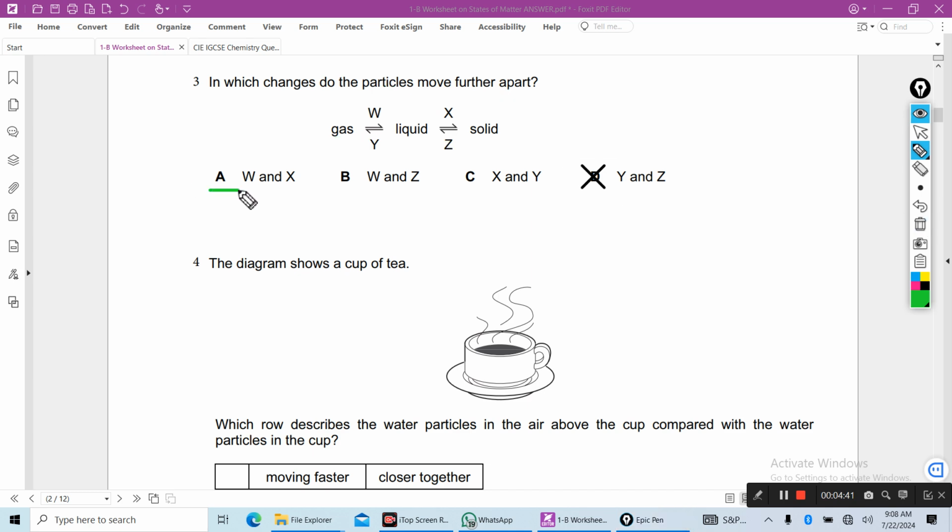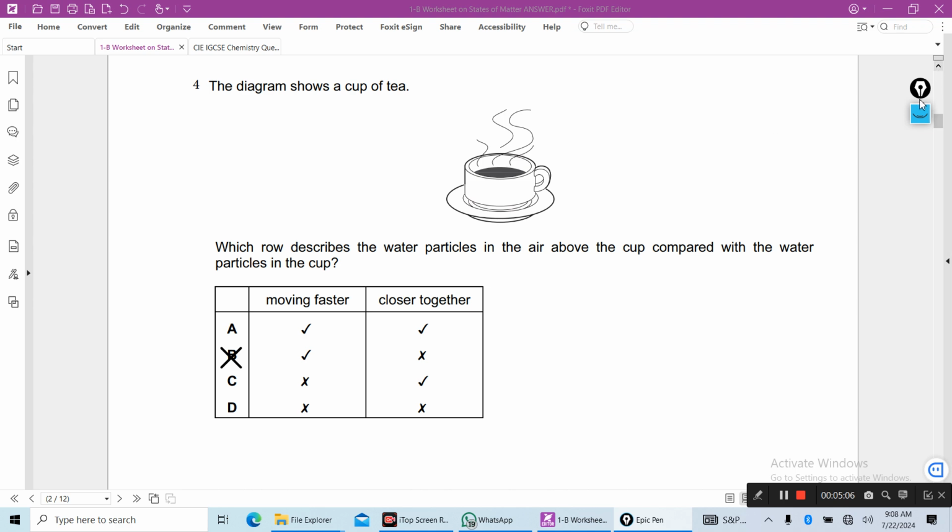So A is wrong. Why? W, gas to liquid, is not further apart, this is close together. So A and B are wrong. X, liquid to solid, is not further apart, the molecules become closer. So D is the correct answer.